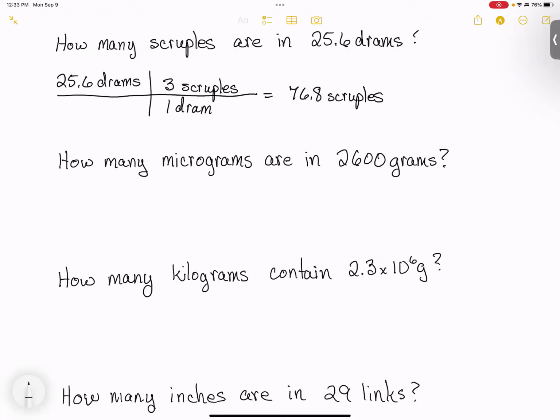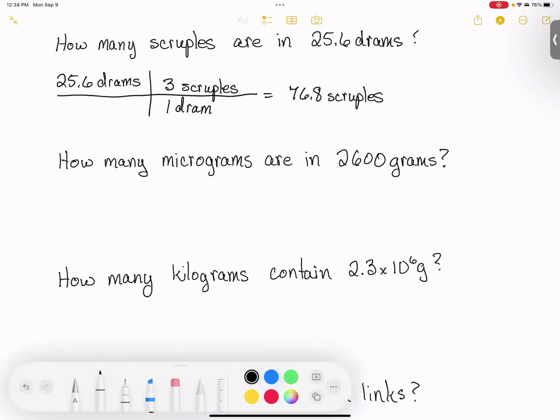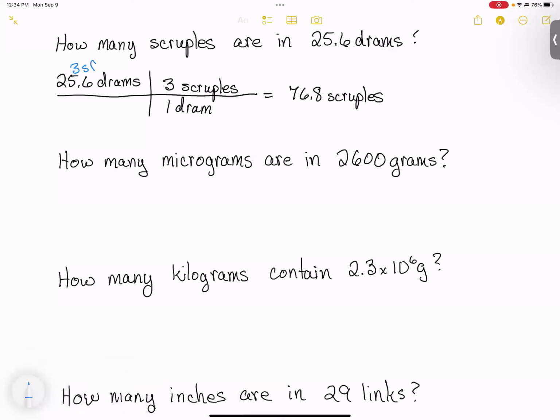Now, when we do our significant digits, there are 3 significant digits in the first number. In the second number, for the 3, there is 1 significant digit, but for the 1 gram, I said anytime it's equal to 1, you assume that that one is an exact number, so that is infinite.